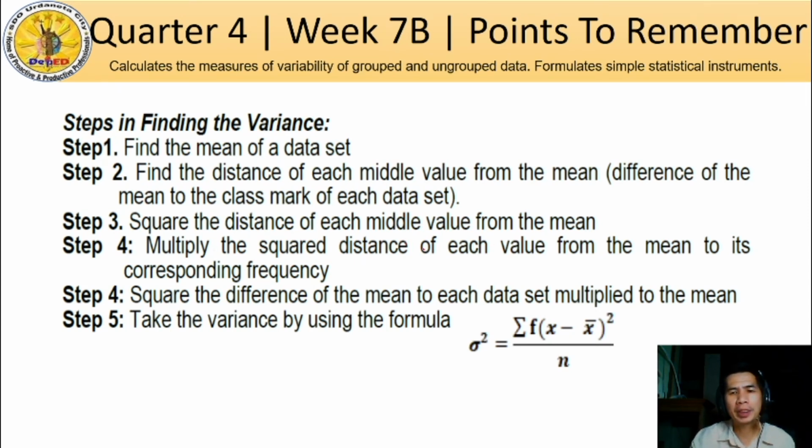Step 4, multiply the squared distance of each value from the mean to each corresponding frequency. Then step 5, take the variance by using the formula. Variance is equal to yung given natin na formula kanina.